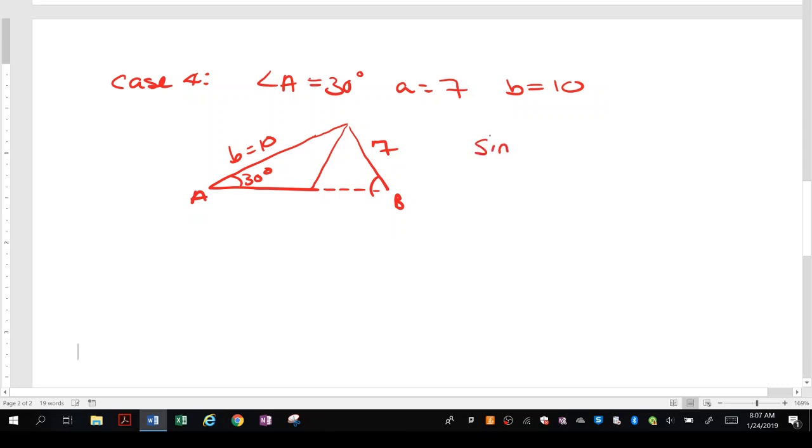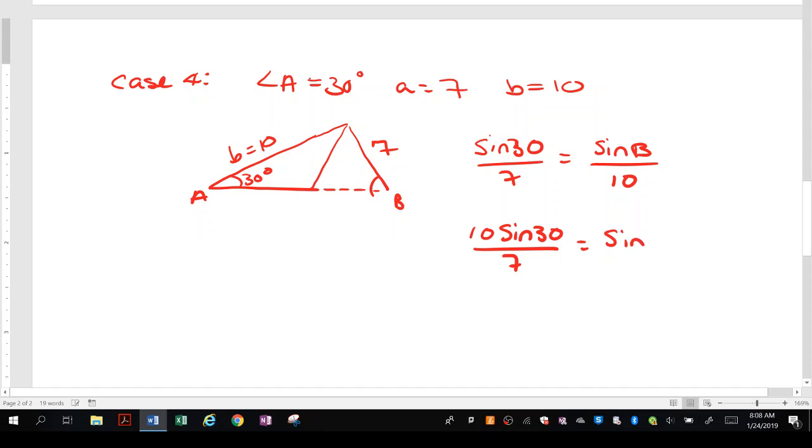So sine of 30 degrees over 7 is equal to sine B over 10. So 10 sine 30 over 7 is equal to sine B. This happens to be 5 over 7.